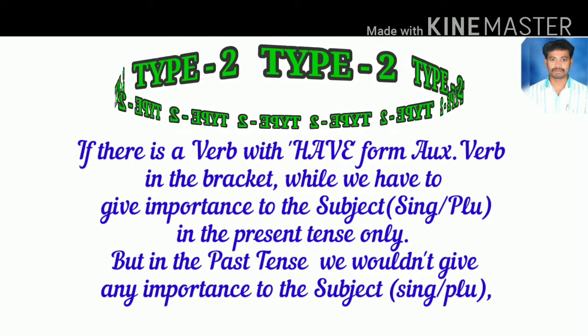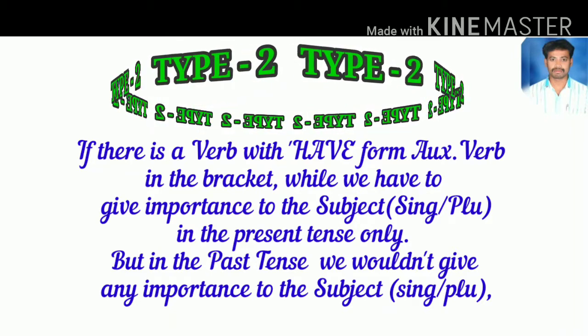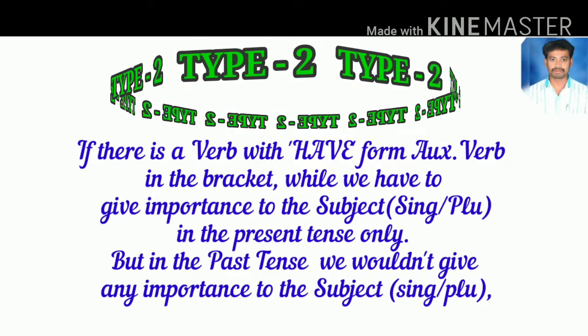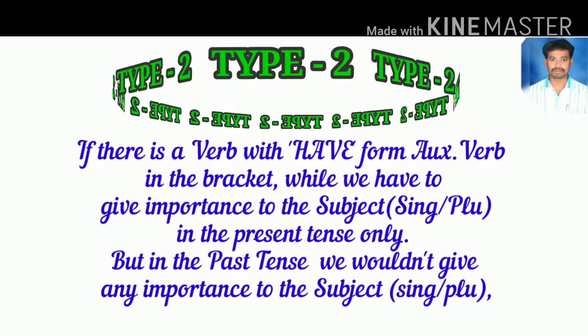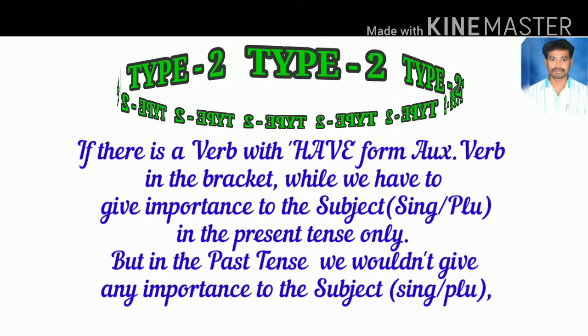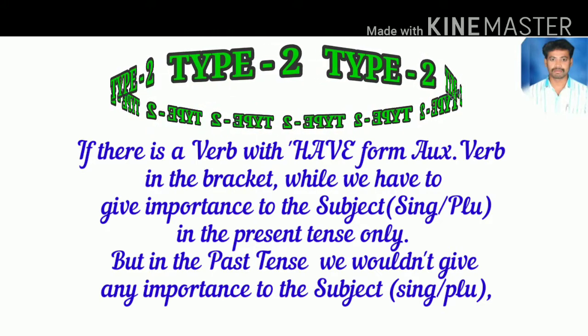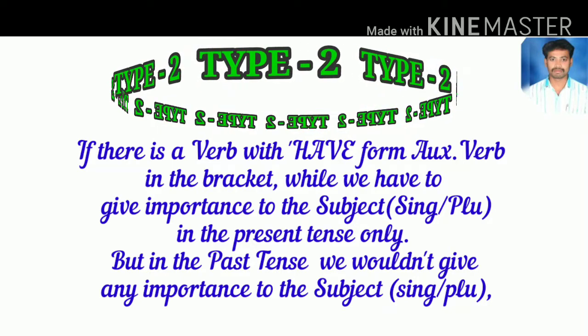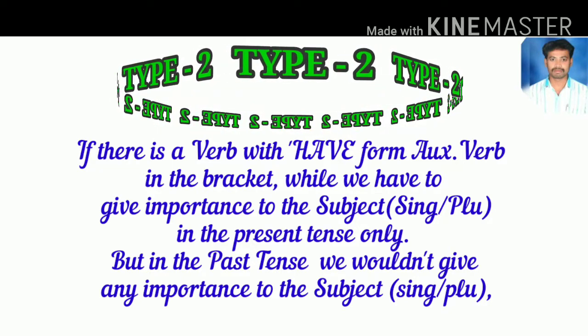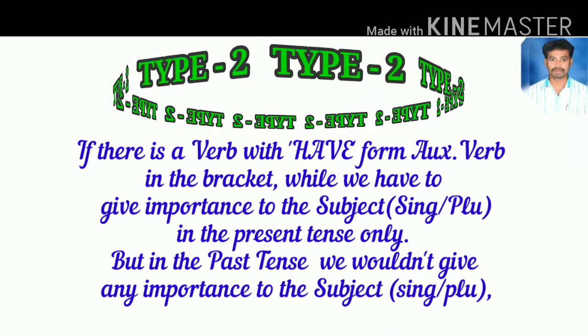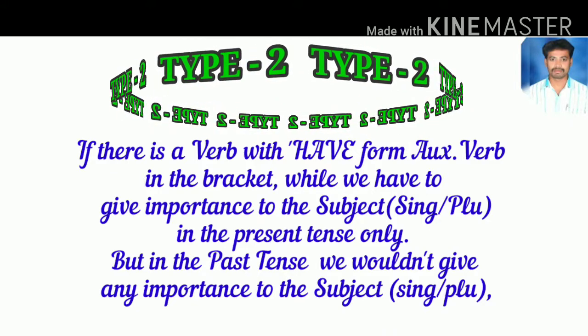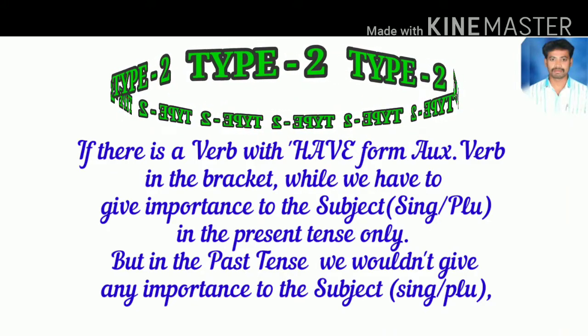In the present tense only, we give importance to the subject, whether it is a noun or pronoun, and observe whether it is singular or plural. But in the past tense, we do not give any importance to the subject, whether singular or plural, noun or pronoun.